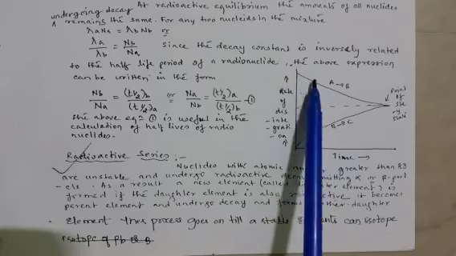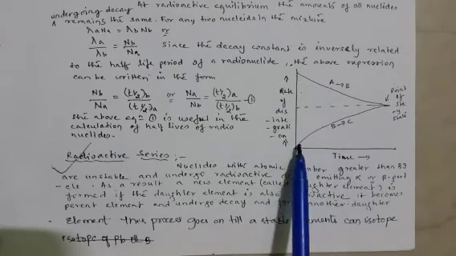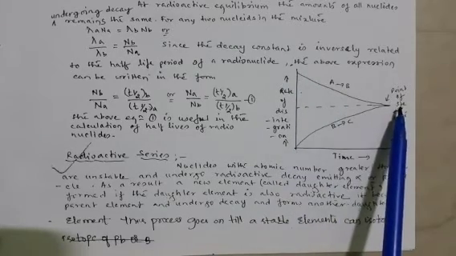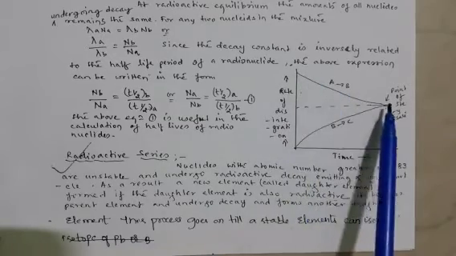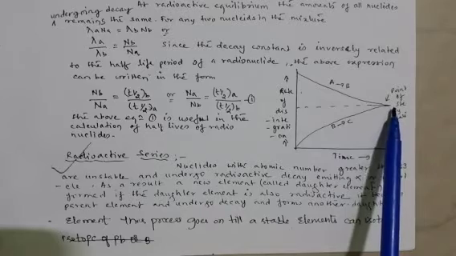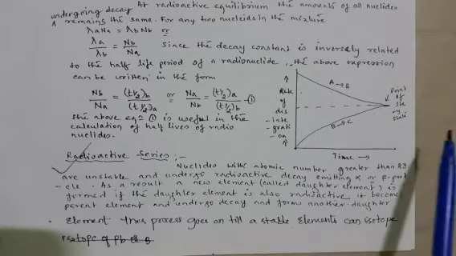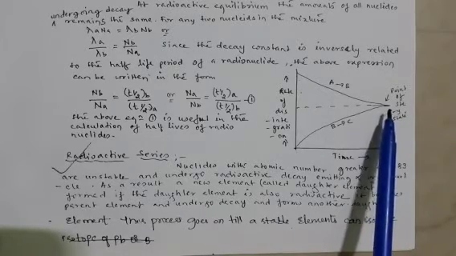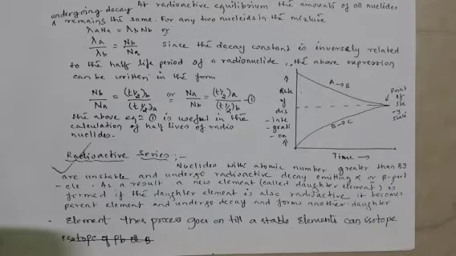So this is the formation of B and this is the disintegration of B. When the rate of formation of B becomes equal to the rate of disintegration, that point is called the radioactive equilibrium or the steady state.